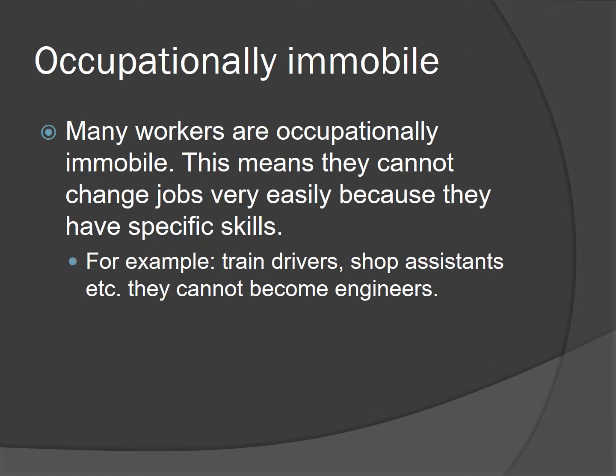Now come towards the occupational immobility. Many workers are occupationally immobile. This means they cannot change jobs very easily because they have specific skills. For example, train drivers, shop assistants, etc. They cannot become engineers.